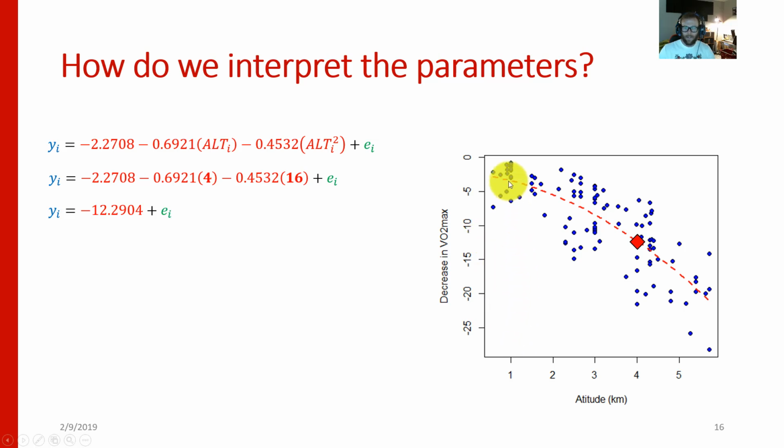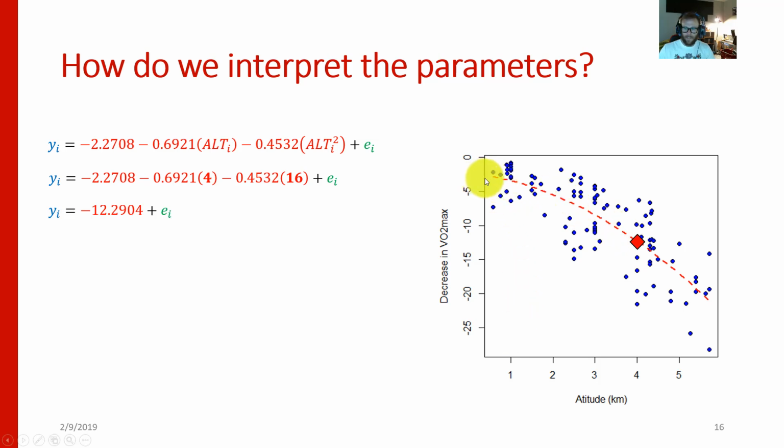And if you plugged in these values for every possible altitude we have in kilometers, what you would find is as we go up, the predicted change from one point to the next is getting bigger. At higher altitudes, the cost of going up another meter or another half meter is higher, and our predicted VO2 max is going to fall off more, which you can see.